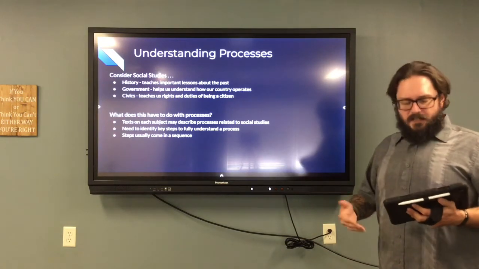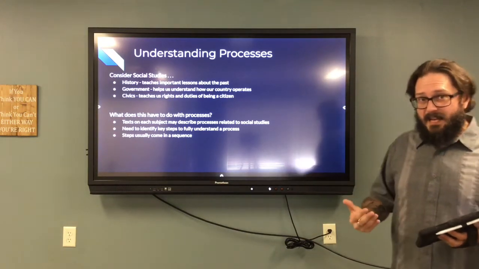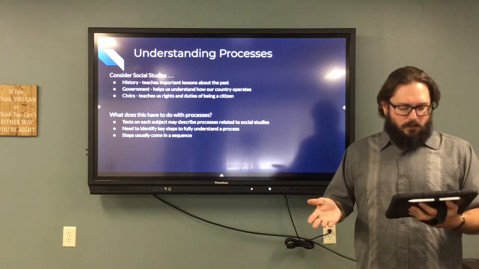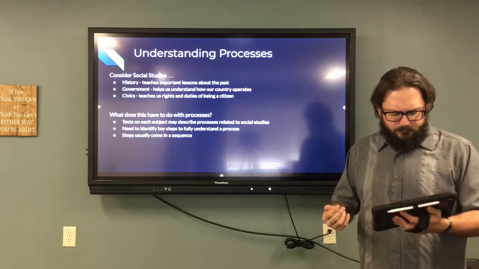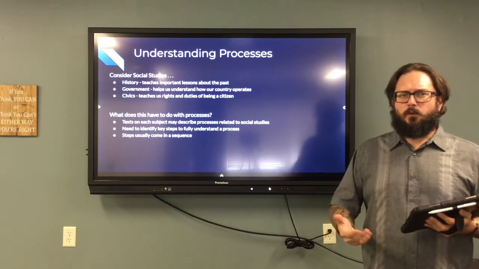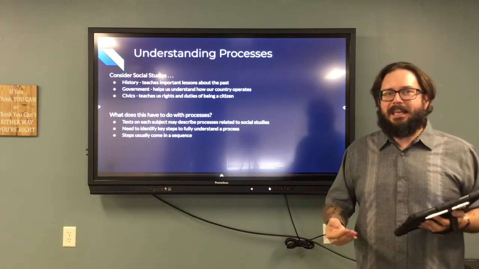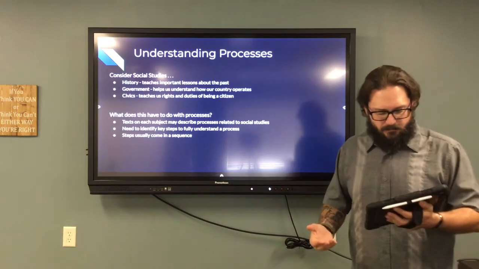History teaches us important lessons about the past. Government helps us to understand how our country operates. And civics will teach us our rights and duties of being a citizen within our country.